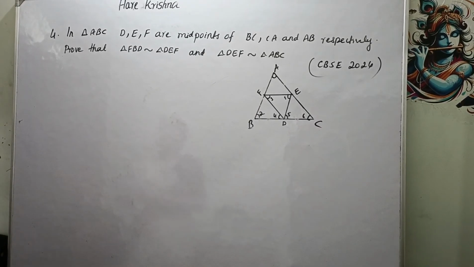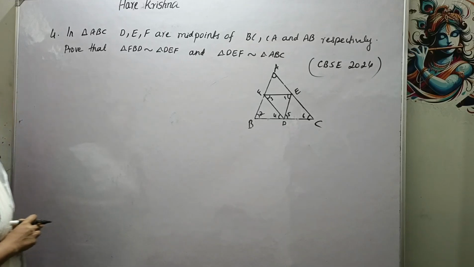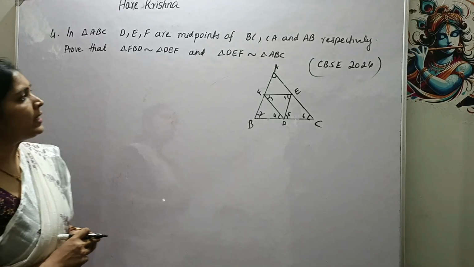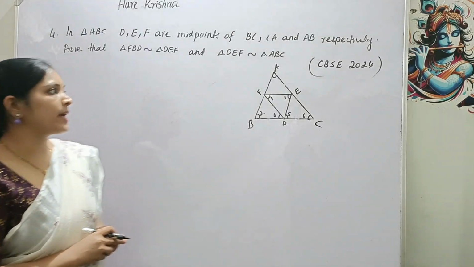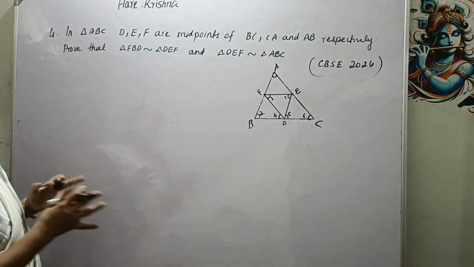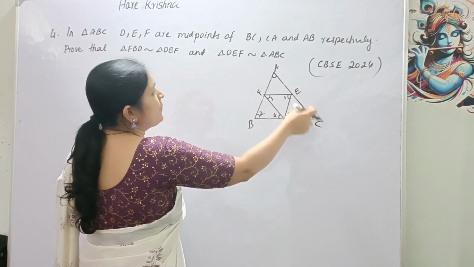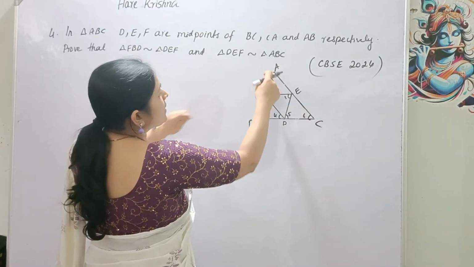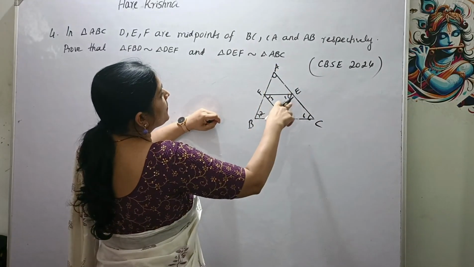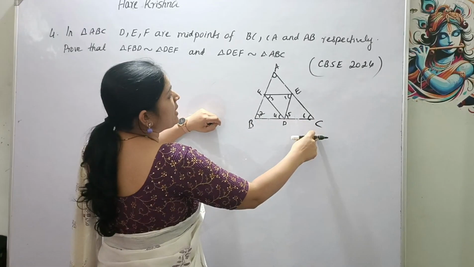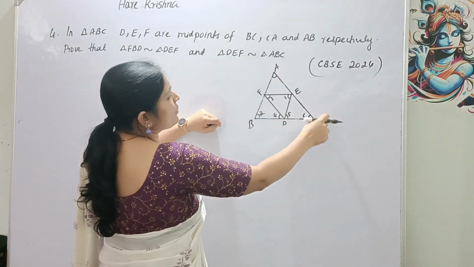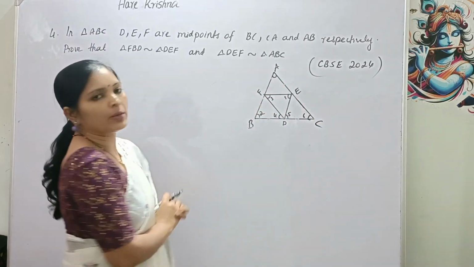In triangle ABC, D, E, F are midpoints of BC, CA and AB respectively. Prove that triangle FBD is similar to triangle DEF and triangle DEF is similar to triangle ABC. Okay, so here it is given that D is the midpoint of BC and E is the midpoint of AC and F is the midpoint of AB.